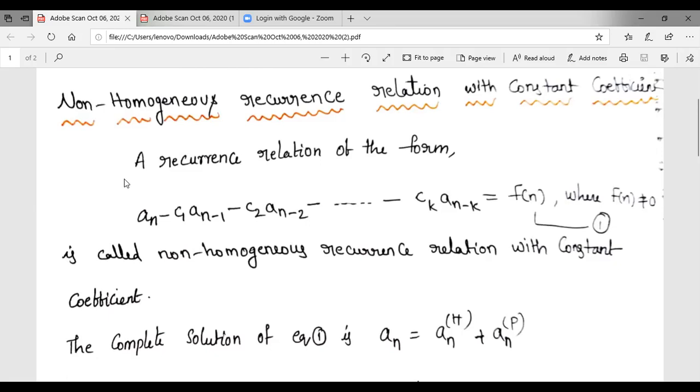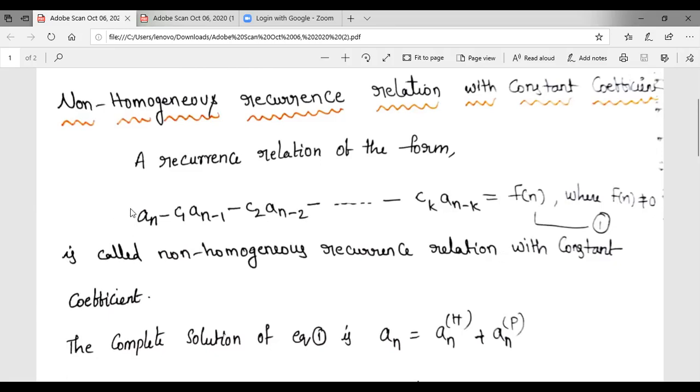A recurrence relation of this form with f(n) not equal to 0 is called a non-homogeneous recurrence relation with constant coefficients.